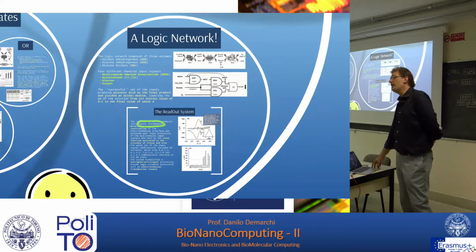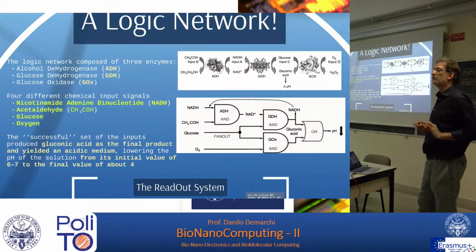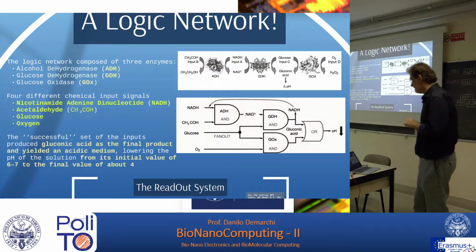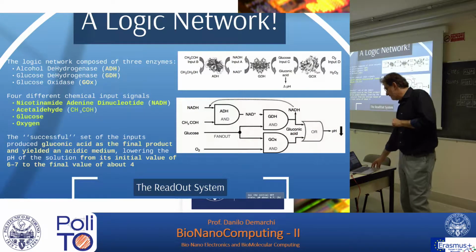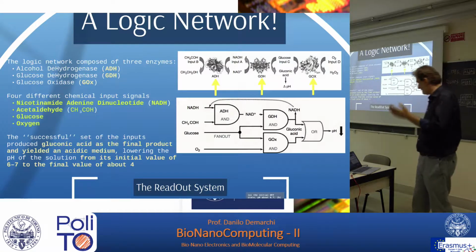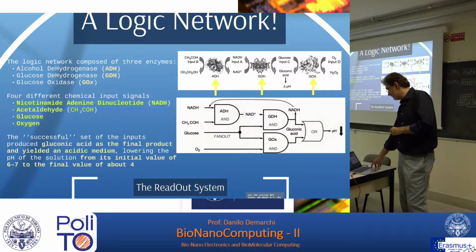But I can also do a logic network, putting together in a smart way different chemical elements and different enzymes. In this example, ADH, alcohol dehydrogenase, was used as an enzyme. So three enzymes were used: ADH, glucose dehydrogenase, GDH, and again glucose oxidase, which I tell you is used because it's the most famous and stable.